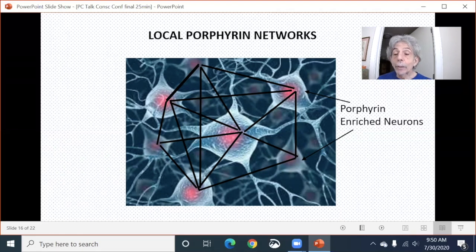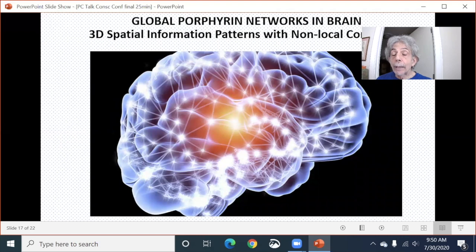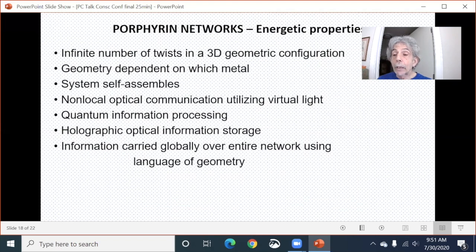And that's what I'd be talking about today, that these could generate 3D spatial information patterns, which would be non-local in nature. And these could be very much proportional to their specific geometric configuration.